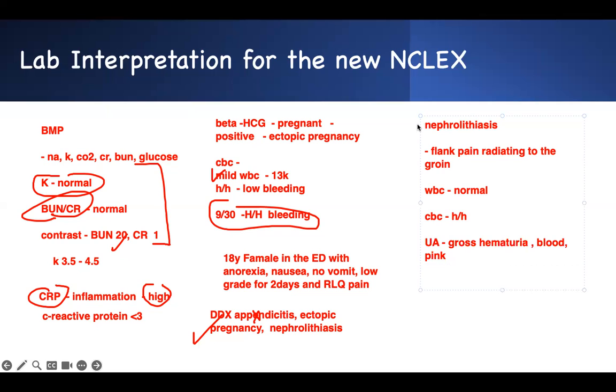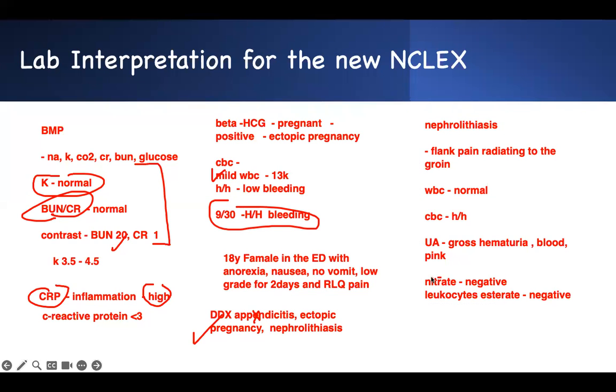There should be no leukocyte esterase. Leukocyte esterase, there should not be any of them. Or let's see, nitrite. Nitrite should be negative. I'll explain this to you. Then leukocyte esterase should also be negative. These are signs of UTI.